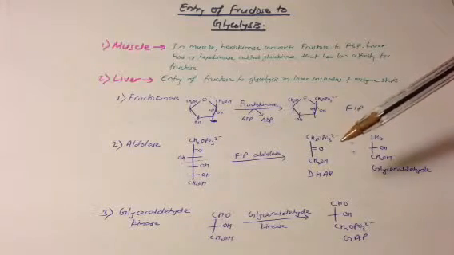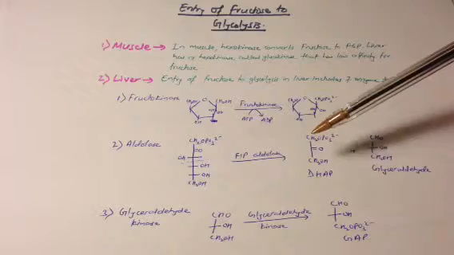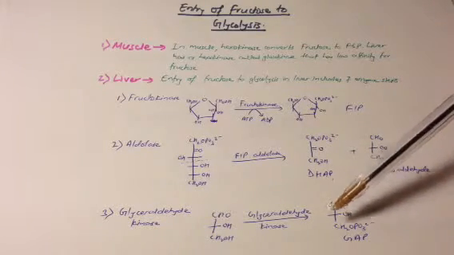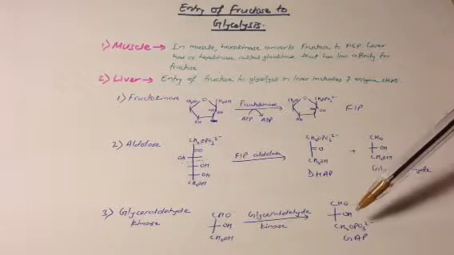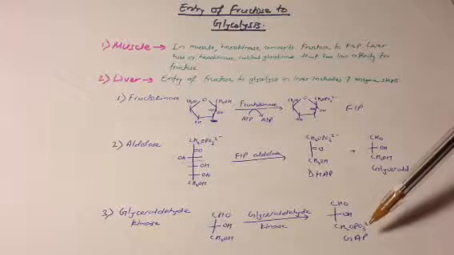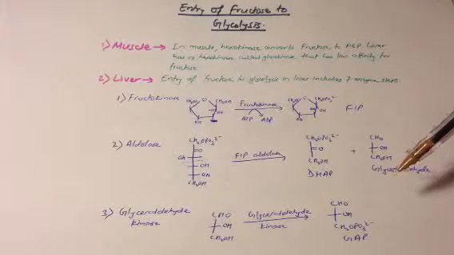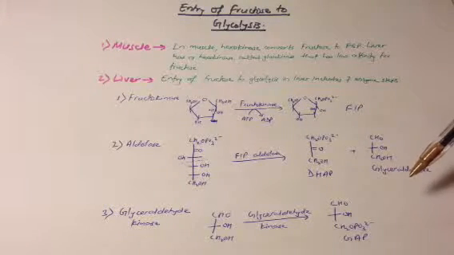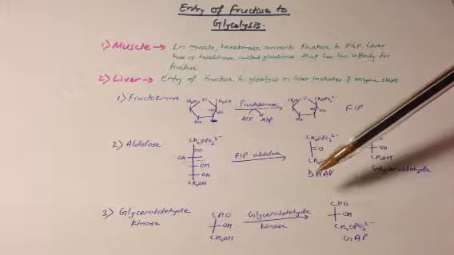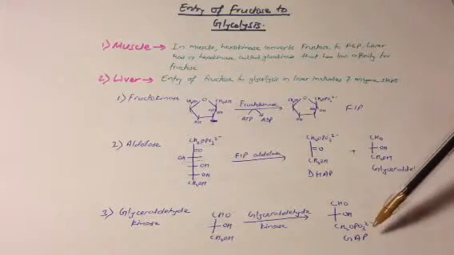So now it looks like we have all the products we need in glycolysis. We have the dihydroxyacetone phosphate and glyceraldehyde 3-phosphate. So the reaction looks complete, but we still have 4 more reactions, and in them we're going to learn how glyceraldehyde could be converted into dihydroxyacetone phosphate, which will then be converted into glyceraldehyde 3-phosphate.